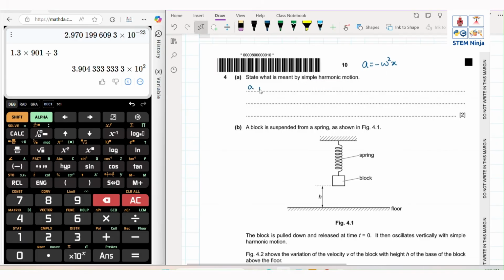So a motion where acceleration is proportional to displacement from a fixed point and is always directed towards it.